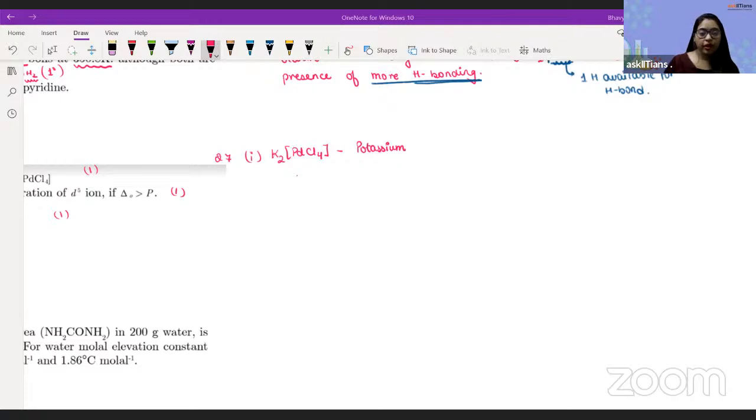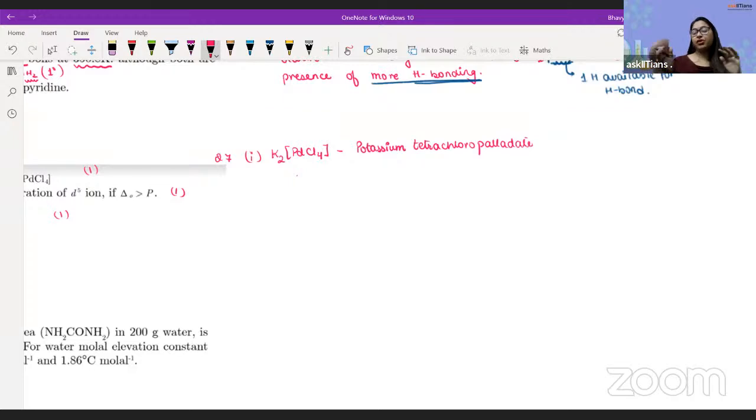Now, in this, this is potassium tetrachloropalladate, right?